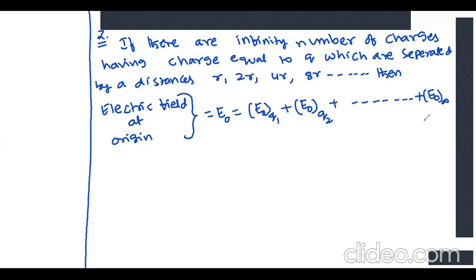Then E naught equal to 1 by 4 pi epsilon naught.